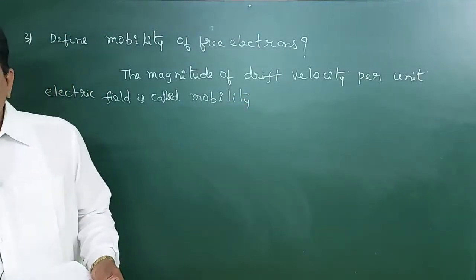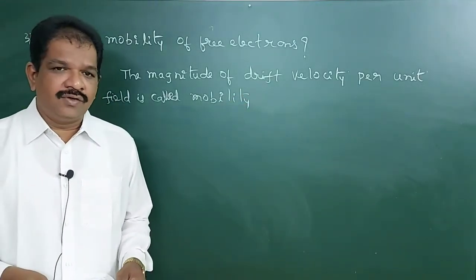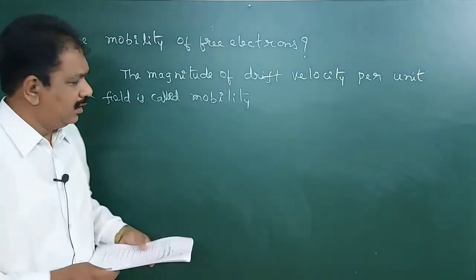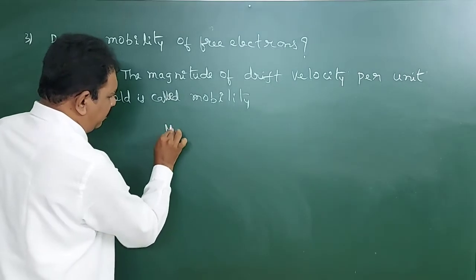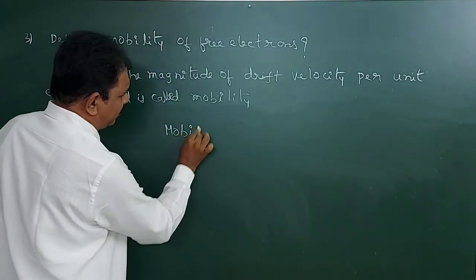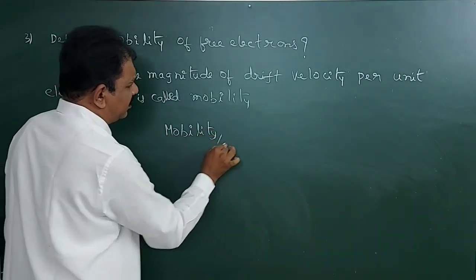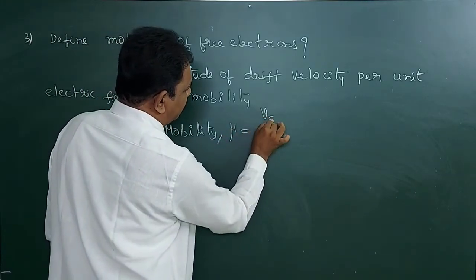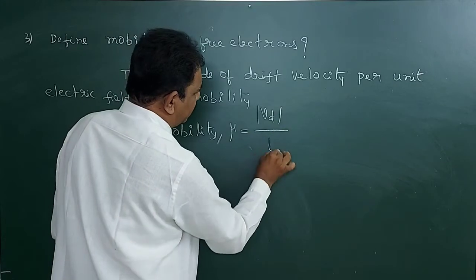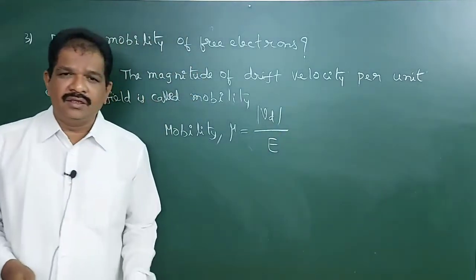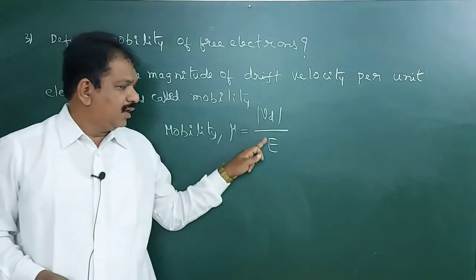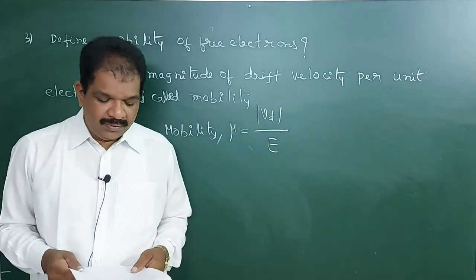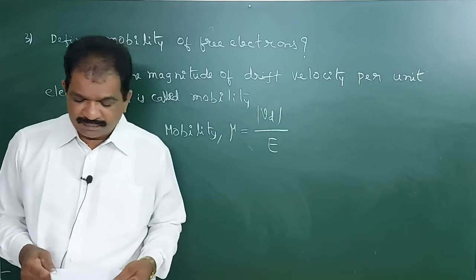Drift velocity per unit electric field, that we can call the mobility. Mobility will be indicated by the letter mu. This value will be equal to Vd by E. Drift velocity per unit electric field, that will be called the mobility of the electrons.